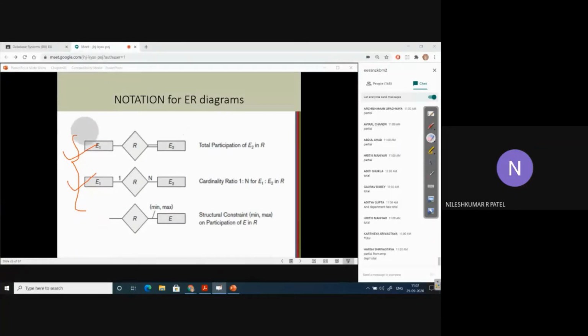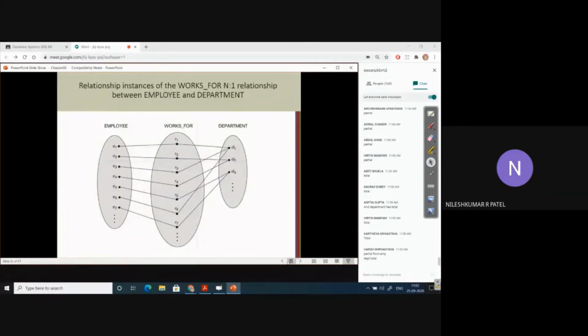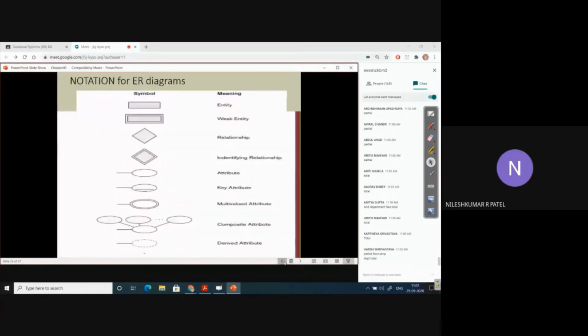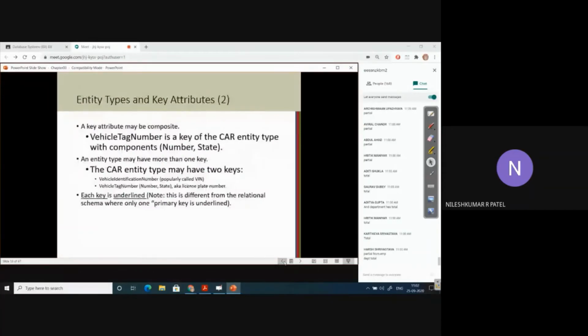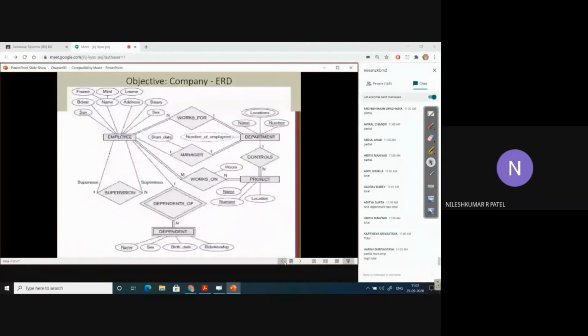Now let me take you to the particular diagram. Let's move to the previous diagram, the first diagram, which was our objective diagram. I think we have discussed this too. This is the first piece, one entity type.